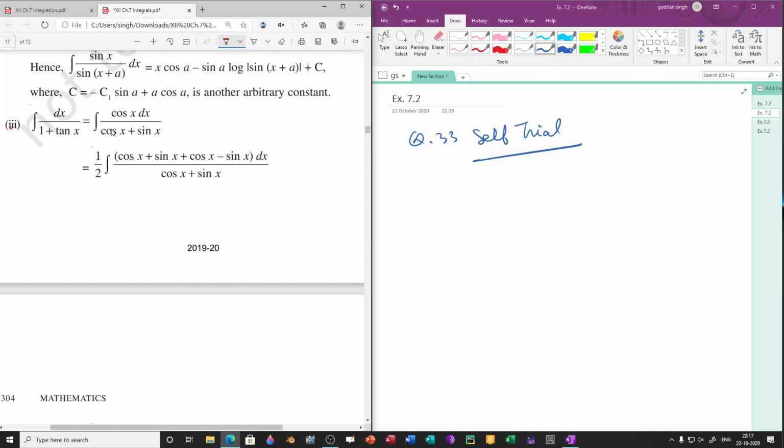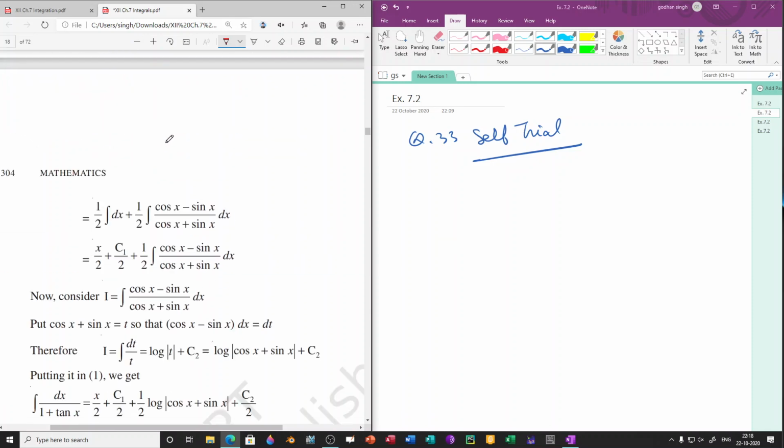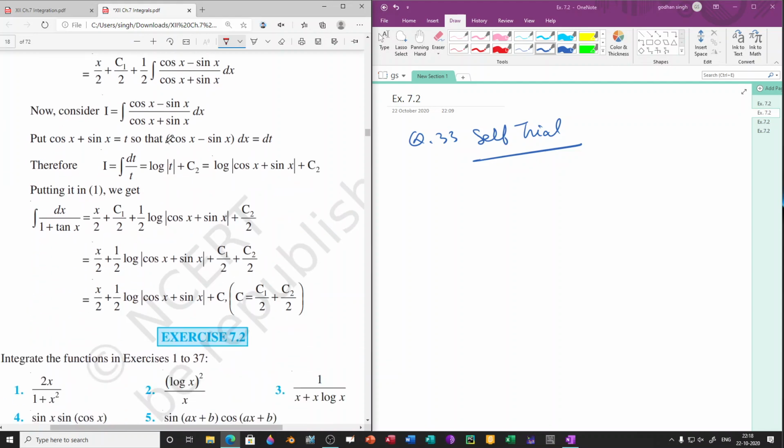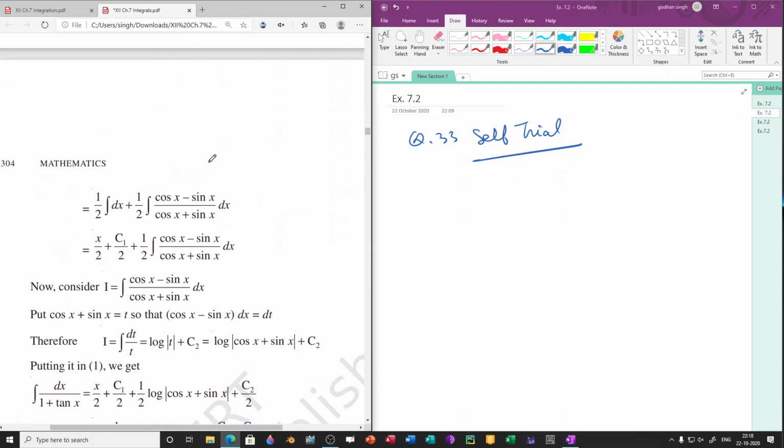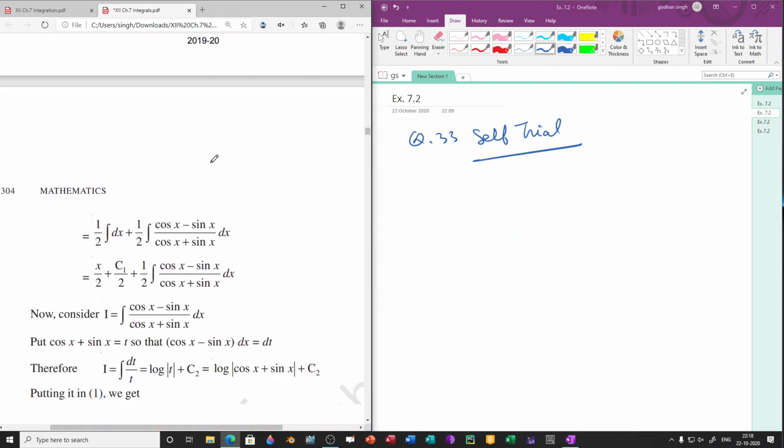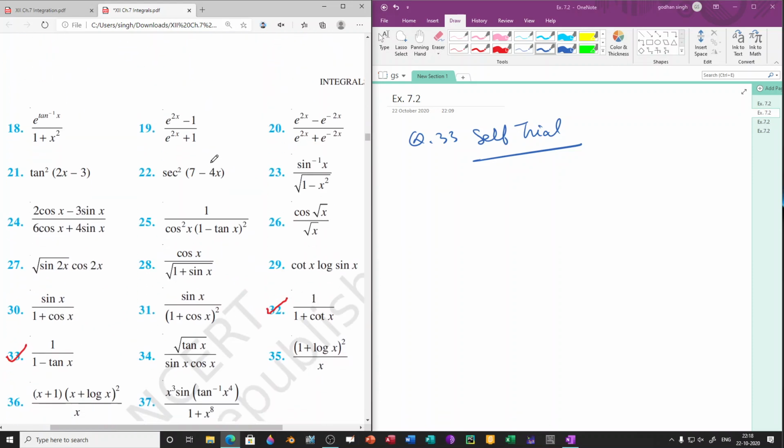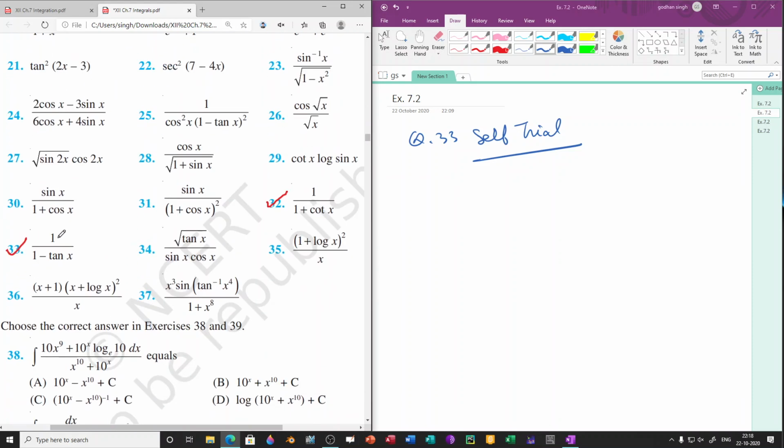As I told you already, this question is very important. So integration of dx over 1 plus tan x, these are the steps which we have followed. Same thing we will do in question number 33, which will be a question for self trial. You will do it on your own.